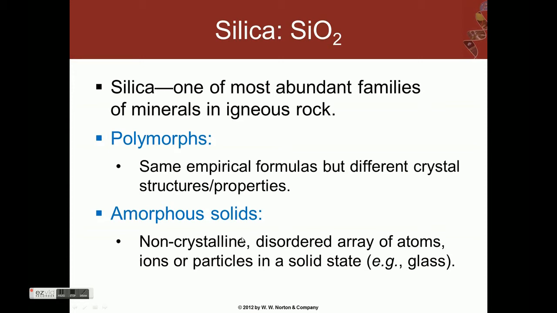There's no unit cell that you then copy and repeat. The atoms are in a disorganized state. At least for silica, we call those kinds of materials glass. So silica is an important component of glass. You also find it in sand, and it's present in a lot of rocks, as already said.